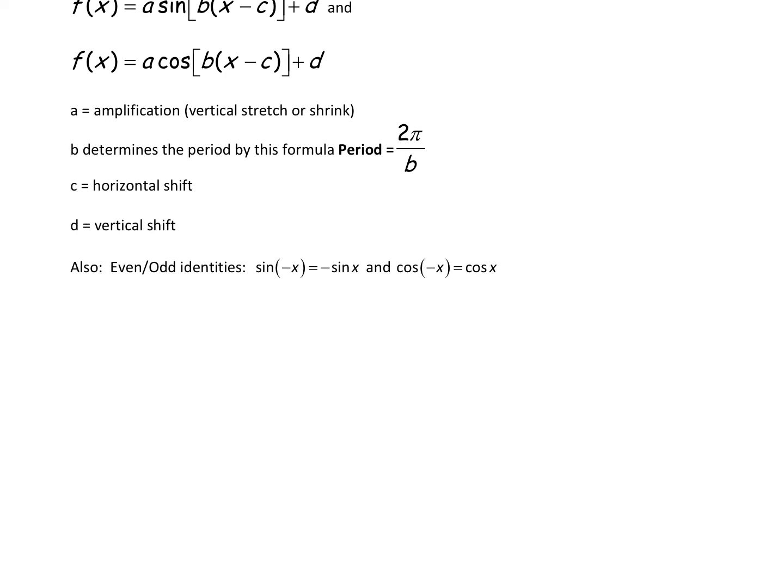Lastly, back to our even and odd identities. Sine of negative x is equal to negative sine x, and cosine of negative x is equal to positive cosine x. So if you have a negative B value here, you can simply take that negative on the outside. In cosine, we just cancel it. Really quick, I'll just show the sine.